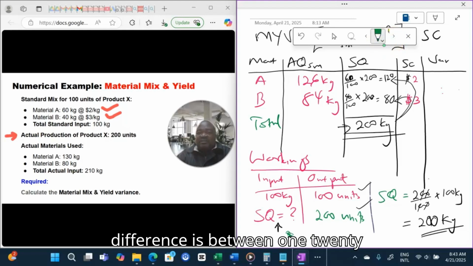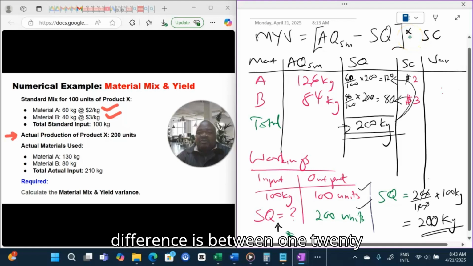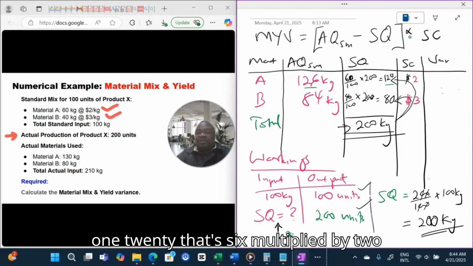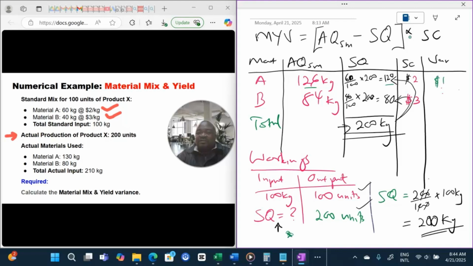So the difference is between 126 and 120. That's 6. 126 minus 120 is 6, multiplied by 2, that's $12. Then you come to B, that's 84 minus 80, that's 4 kgs multiplied by $3, that's 12.